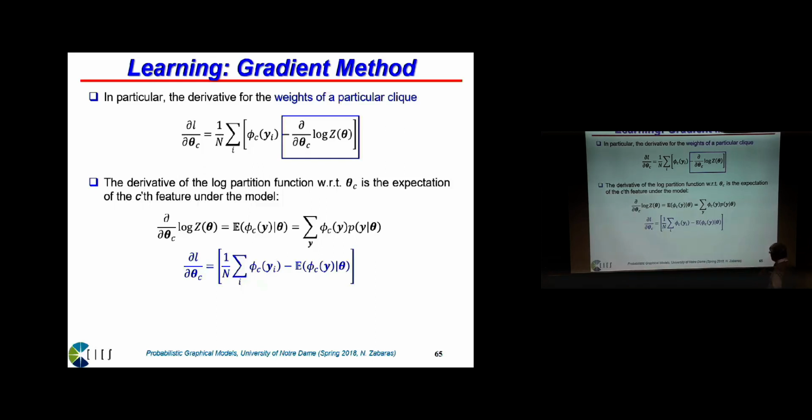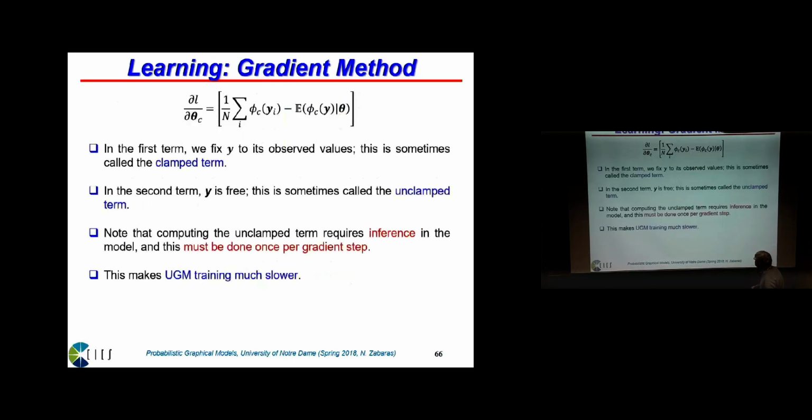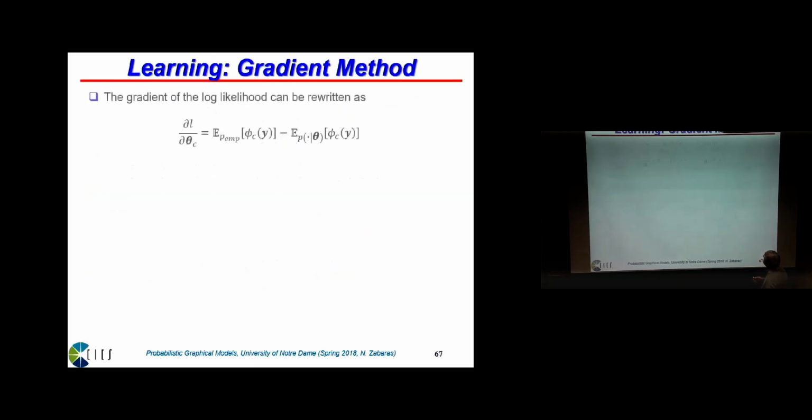So this is the expectation of phi c with respect to the empirical distribution. So basically the gradient with respect to the parameters theta c is the expectation of phi c with respect to the empirical distribution minus the expectation of phi c with respect to the exact distribution.